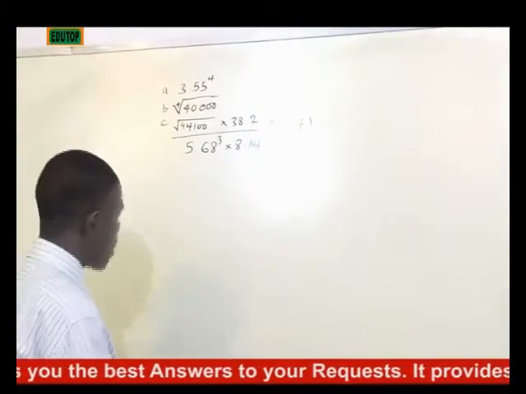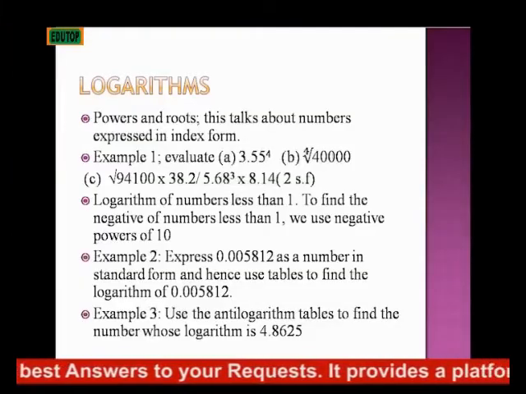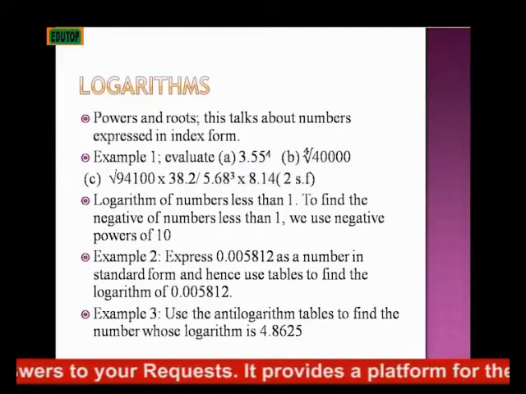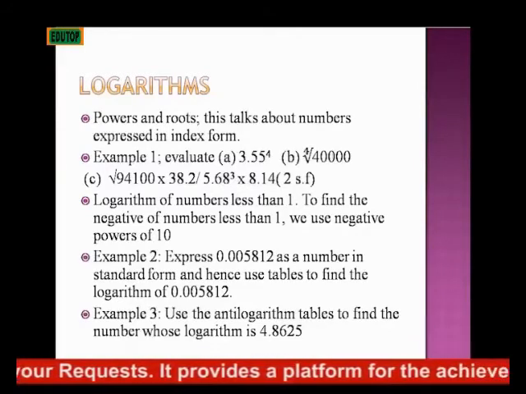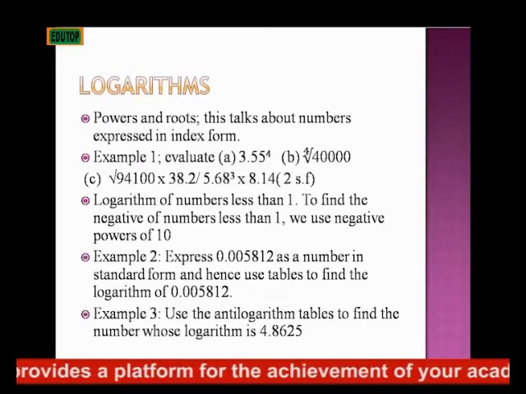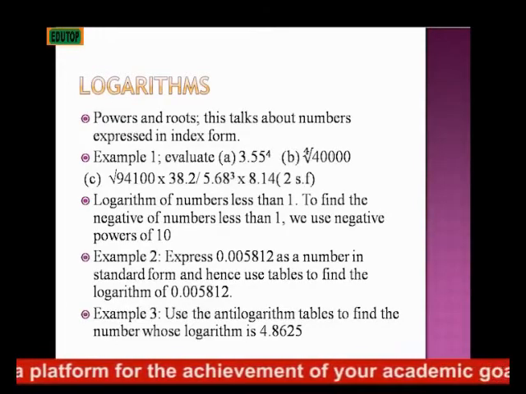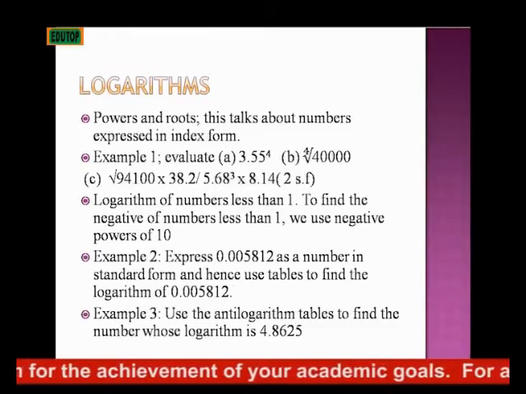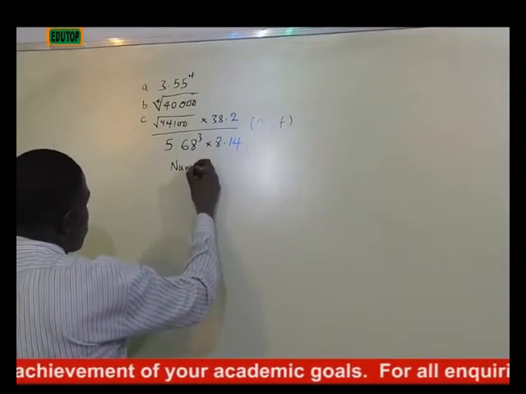The third question now, we have square root of 94,100 times 38.2 divided by 5.68 raised to power 3 times 8.14. So we also resort to number log reading.